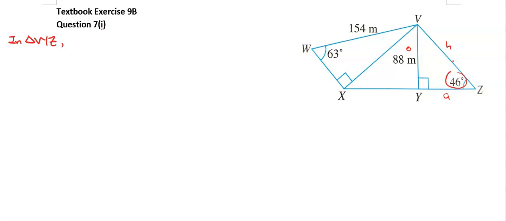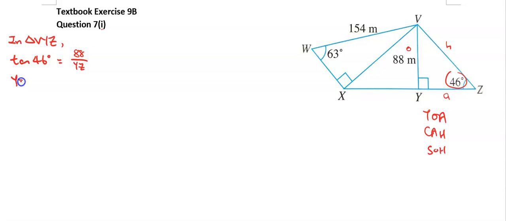So using SOH CAH TOA to find YZ, YZ is adjacent and we know the opposite, so with A and O we use tangent. Tangent 46 degrees equals opposite, which is 88, over YZ.